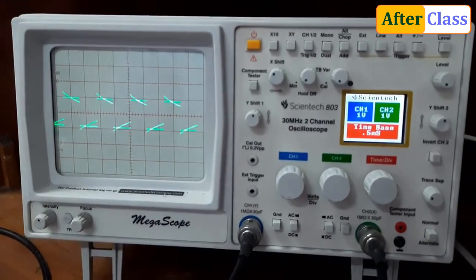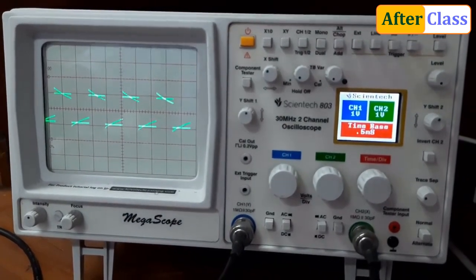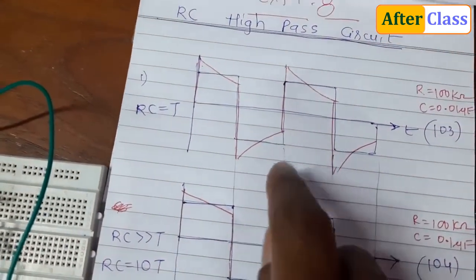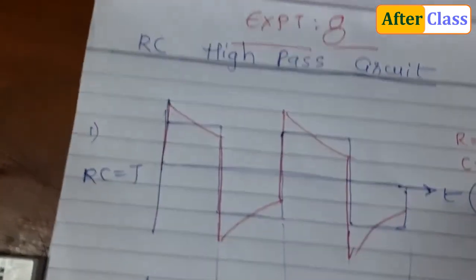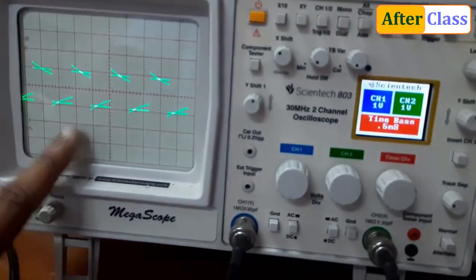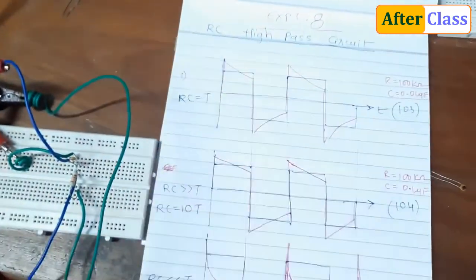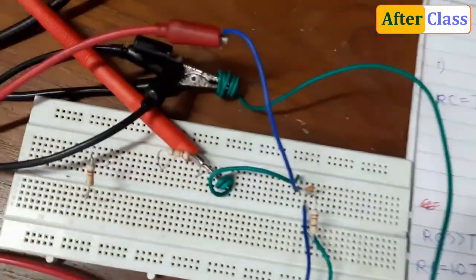If you see on the nodes, the waveforms on the nodes are exactly matching the waveforms on the CRO. So in this particular condition, when RC is equal to T, it doesn't work as a differentiator.